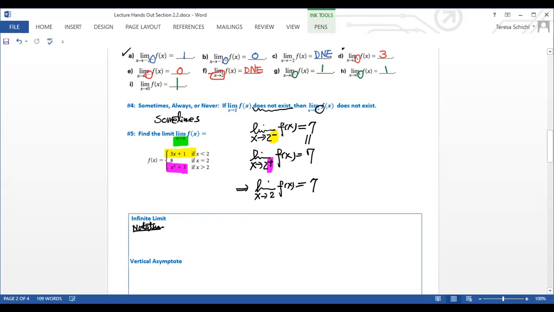What is the infinite limit? That means the limit as x approaches a of f of x is equal to infinity.